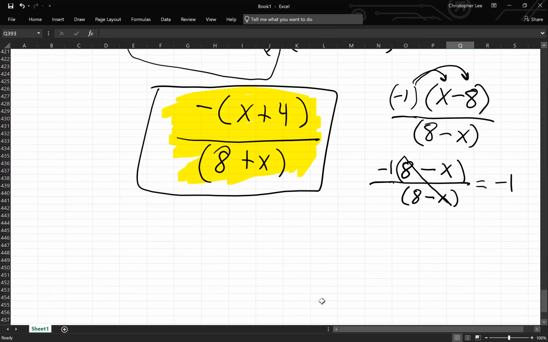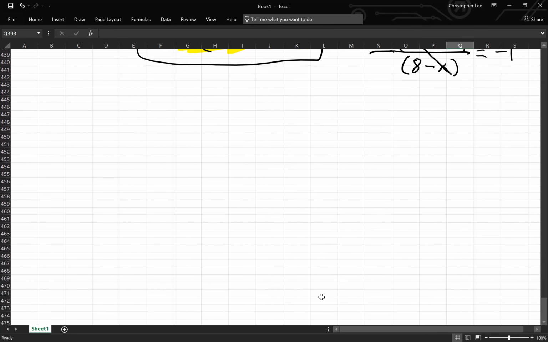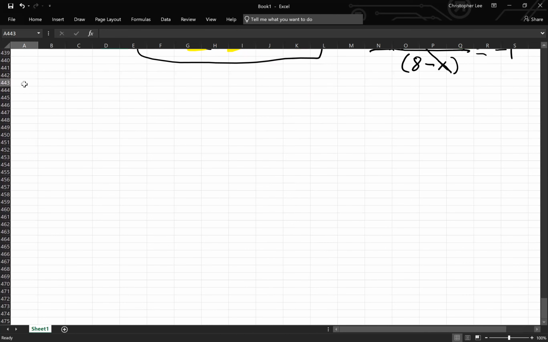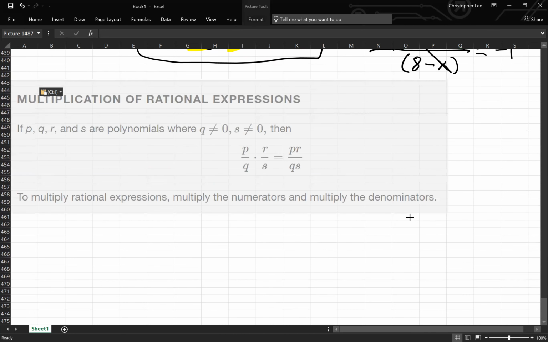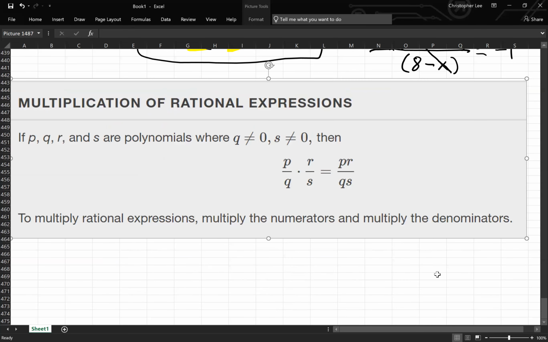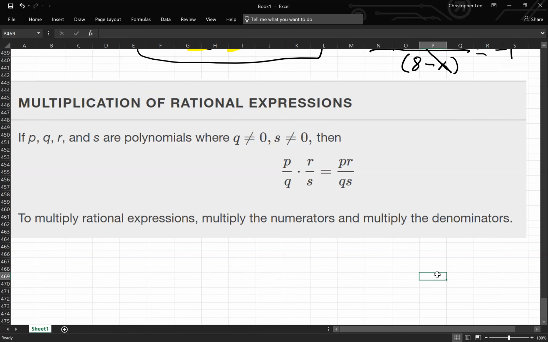So since we know this trick, just a little light review real quick. Let's move on, right? I want to do multiplication of rational expressions. Let me start off with a little theory.